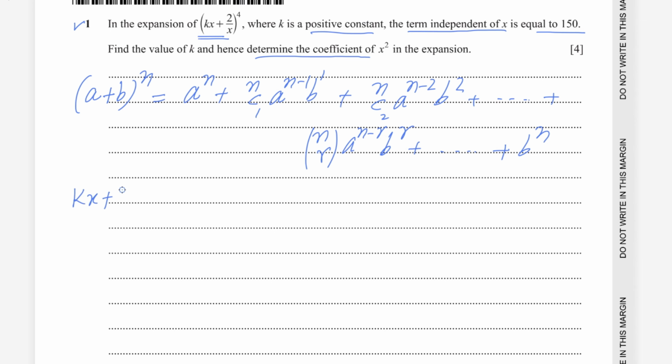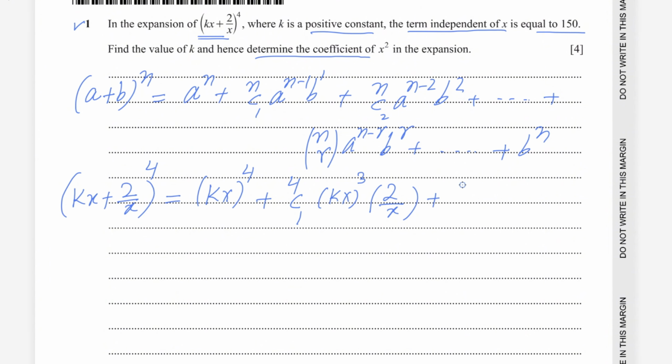(kx + 2/x) to the power 4 is equal to (kx) to the power 4, plus 4C1, because n is 4 here, and the next term will be (kx). Here the power is 4, so you take 1 away from 4, it will be 3, and b is 2 over x, so it will be 2 over x to the power 1.